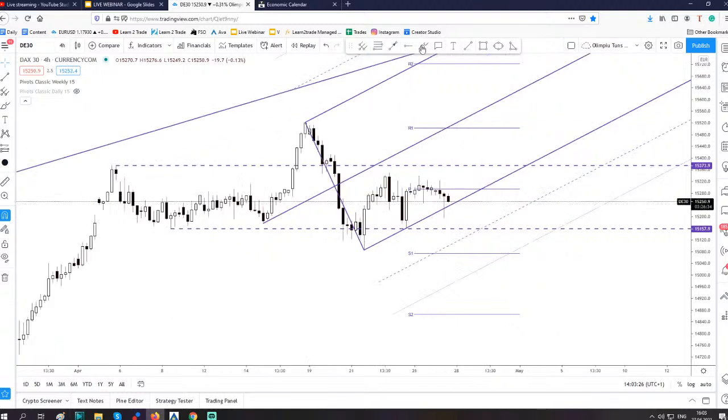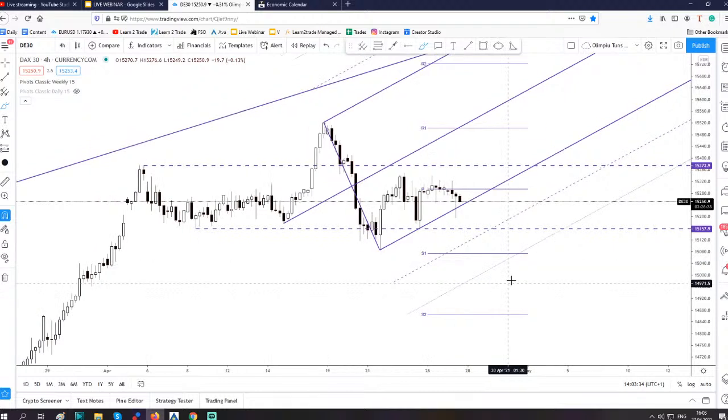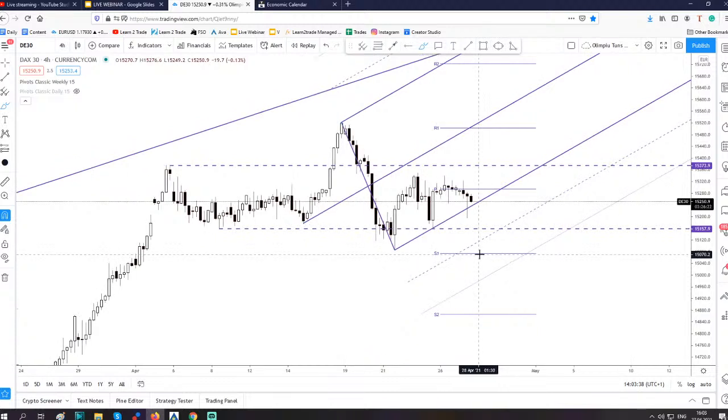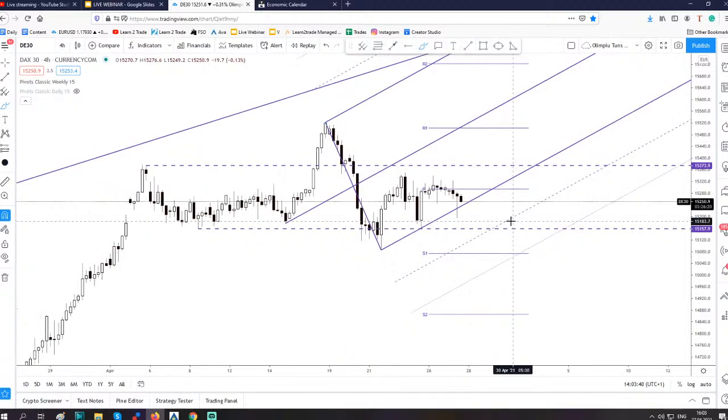Personally, I believe that a valid breakdown here could signal a further drop in DAX 30, the German stock index. Right now in the short term, its failure to stabilize above the weekly pivot point has signaled a potential decrease.